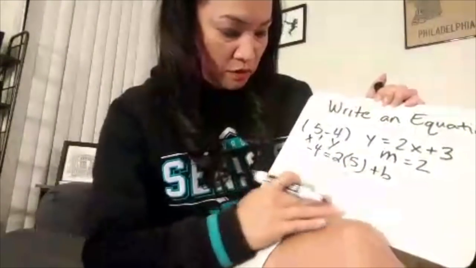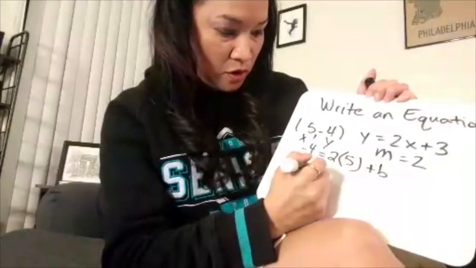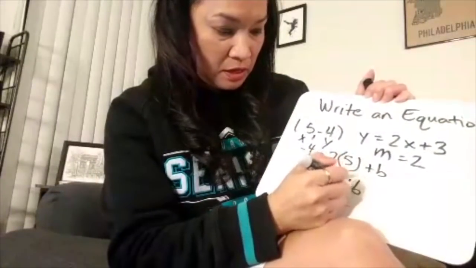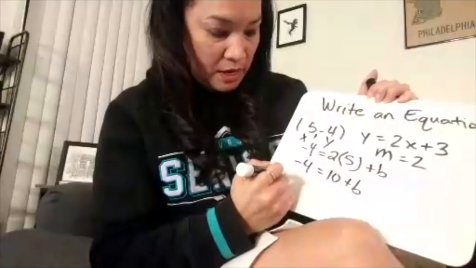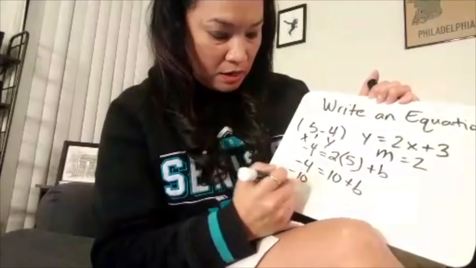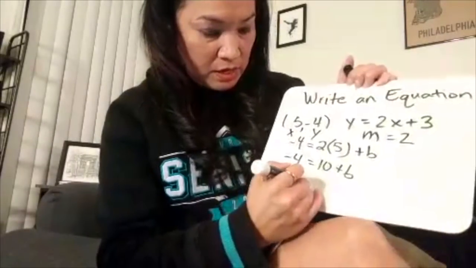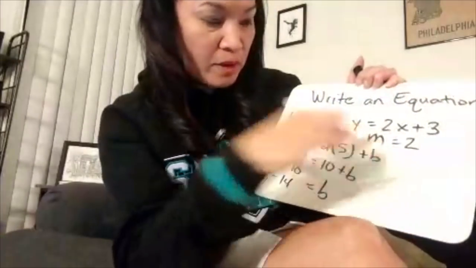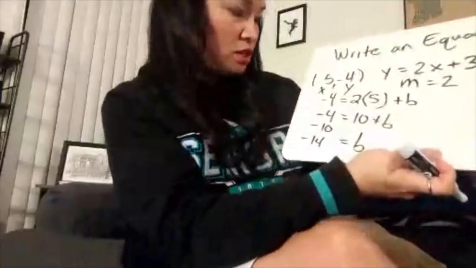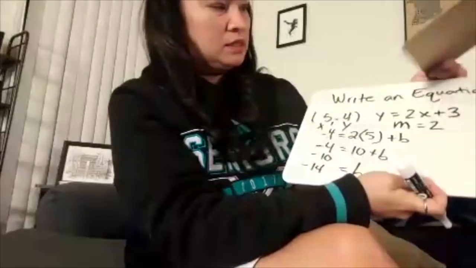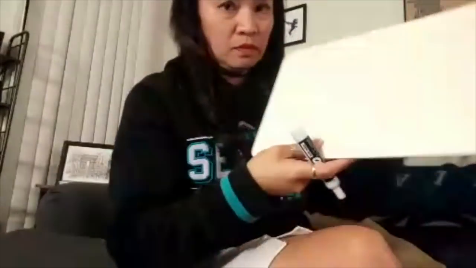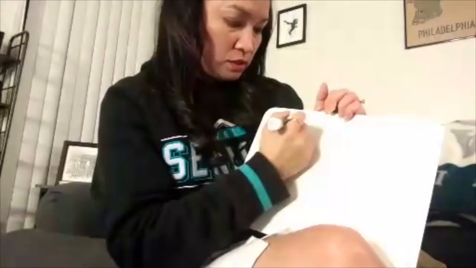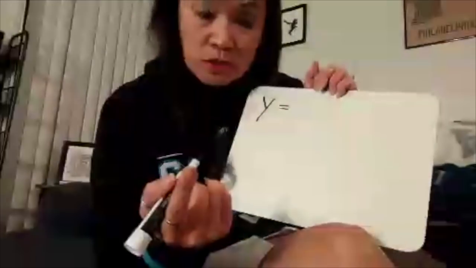So we're going to solve the equation. Negative 4 equals 10 plus b. Subtract 10 on both sides. That means negative 14 equals b. I have my b, I have my m. Here is my new equation. I'm going to get a new board so you guys can see this. My new equation is y equals, what was the slope of the last one?